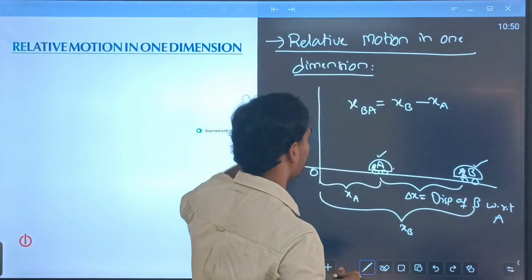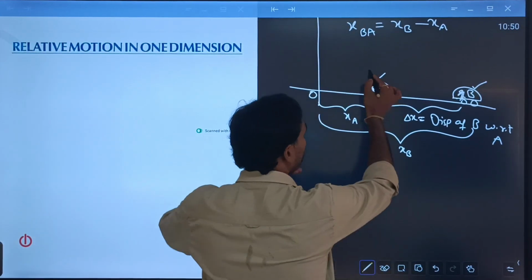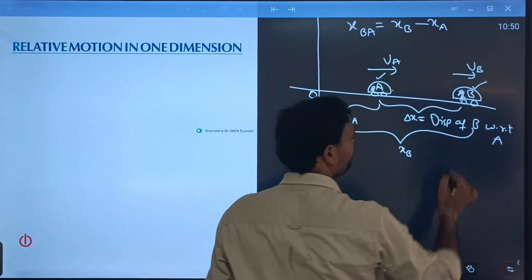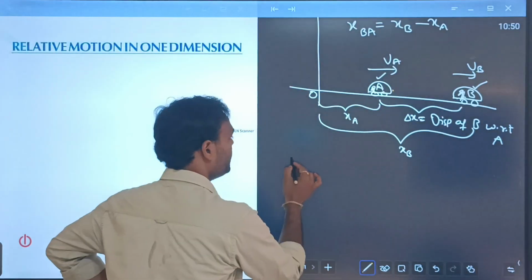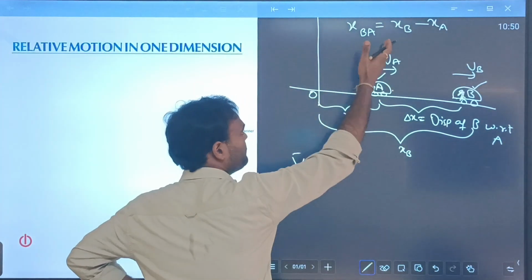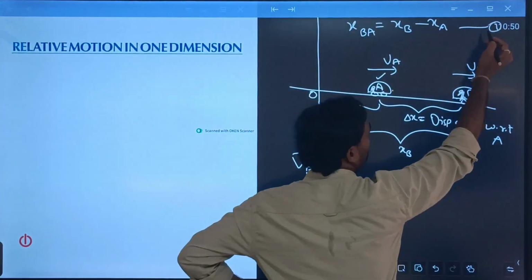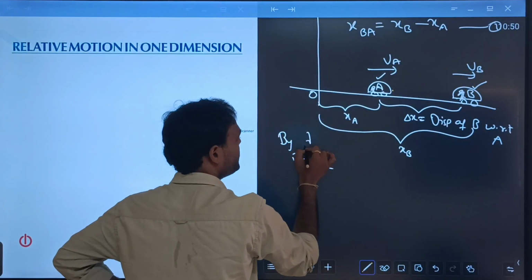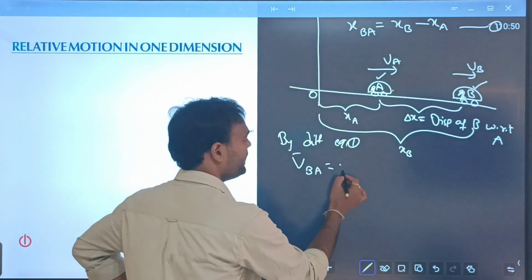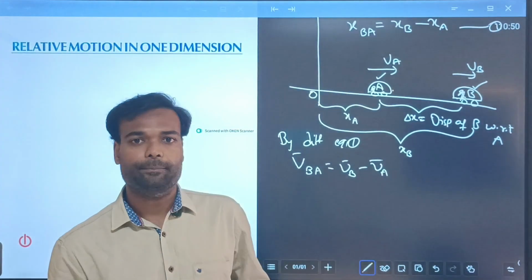Now, similarly, let us assume a case. In this case, suppose they have velocities VA and VB. Now, velocity of B with respect to A. That means I am just differentiating this formula. Let us differentiate equation number 1. By differentiating equation number 1, we will get VB minus VA.